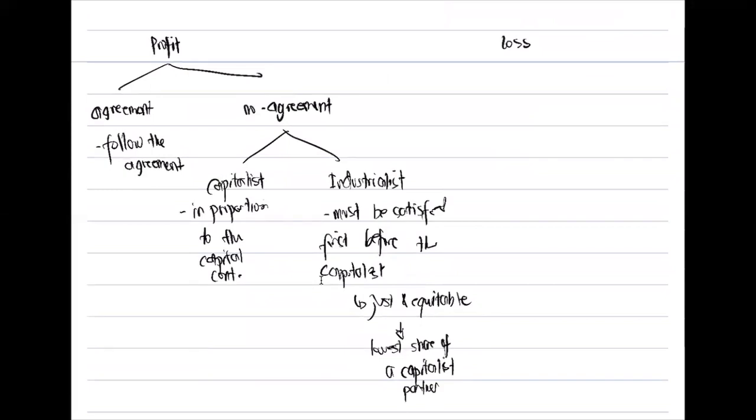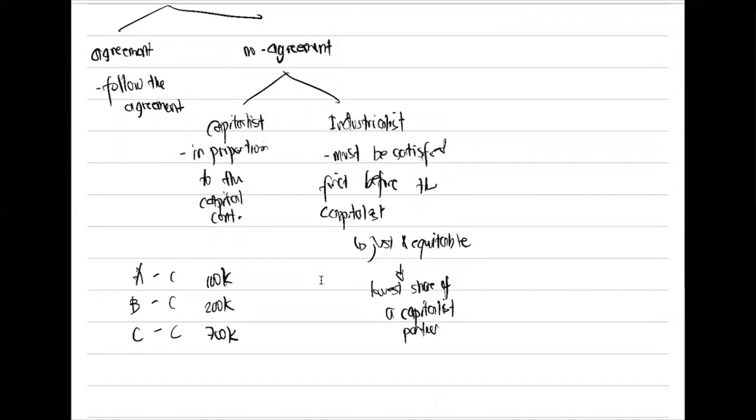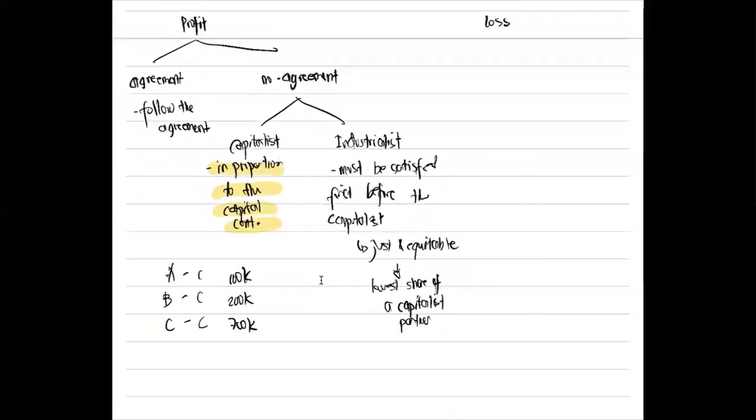So for example, guys, we have here A, B, C, all of them capitalists. For example, A's capital is 100,000, B's capital is 200,000, and C's is 700,000. What we do is in proportion to the capital contribution.